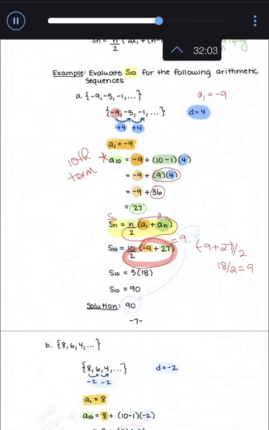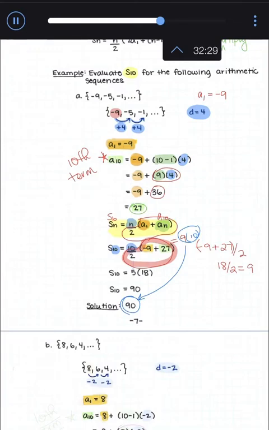Then, what does it get multiplied by? Times an n. Well, what's our n? We were trying to find the sum of the first 10 numbers, so it would be times 10. So it's our 9 times 10, which is, not coincidentally, 90. Again, it doesn't matter what order you're doing this in, as long as you follow the order of operations.